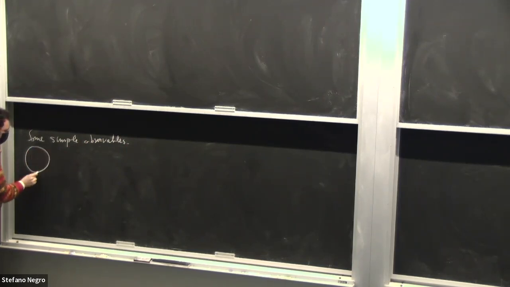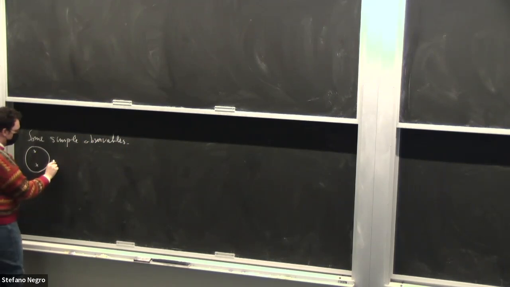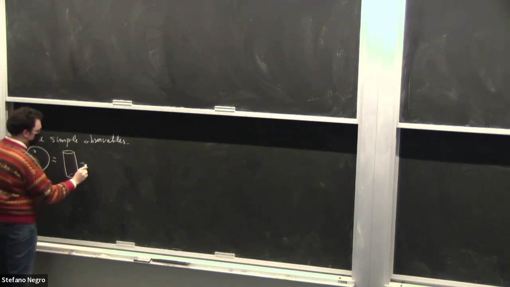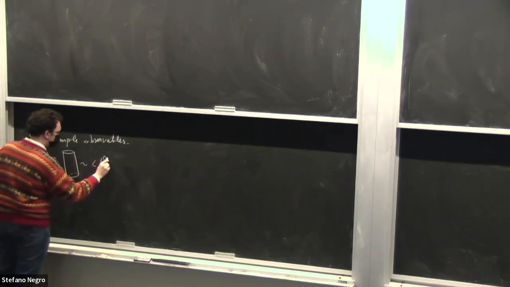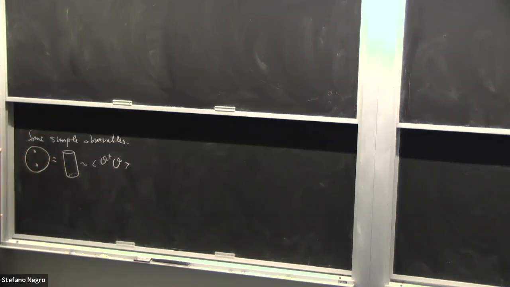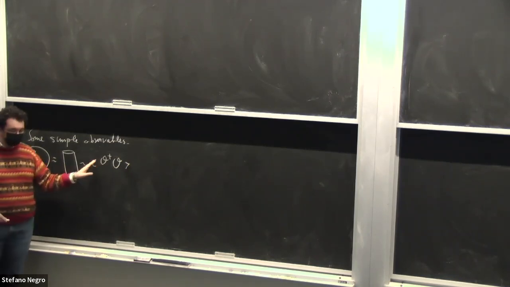So one thing, if you have the string worldsheet at lowest genus, we can put two insertions here, and we get something that on the cylinder is a freely propagating string, and this thing is supposed to be some 2-point function in the dual CFT. Okay, so that's the 2-point function of two local operators of the CFT.